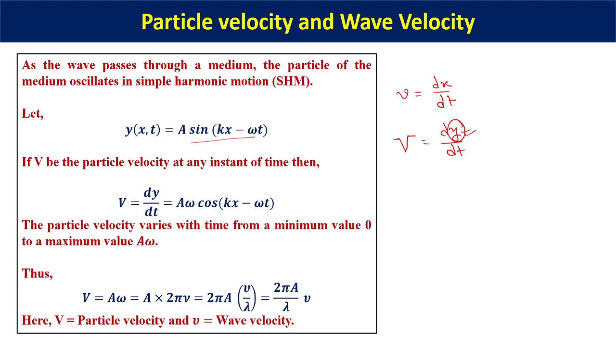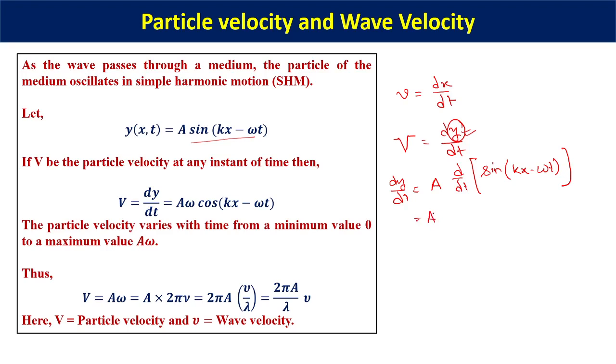What shall I get? I shall get a omega cos of kx minus omega t. How do we get it? For dy/dt, a is constant, so it remains here. I have to take d/dt of sine of kx minus omega t.